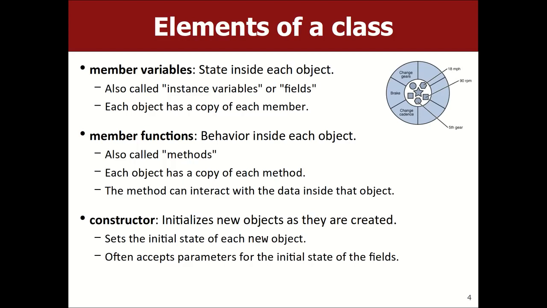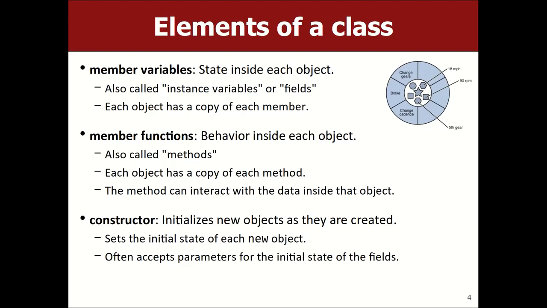And I know you know this because you've been doing it in all of your homework. When you call a vector and you say dot size, or call a map and you say dot put, you don't just say put, you say my map dot put, right? And so you guys understand this concept that these methods are sort of inside of an object, and you have to say what object you want to call the method on. And then the method interacts with the data of that particular object, right?